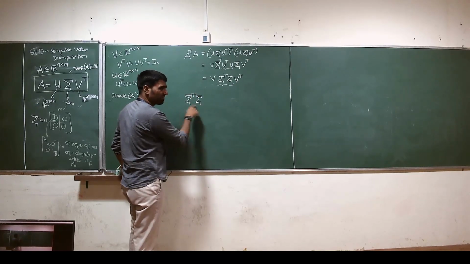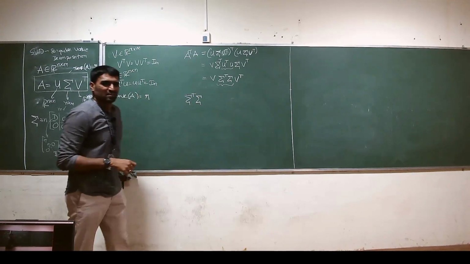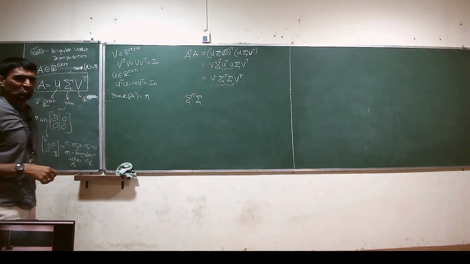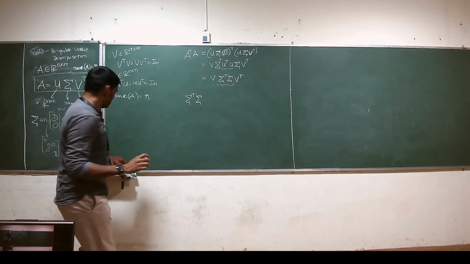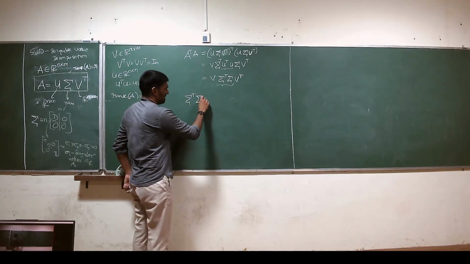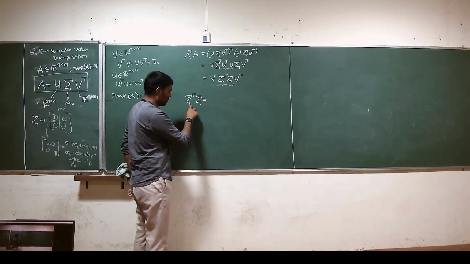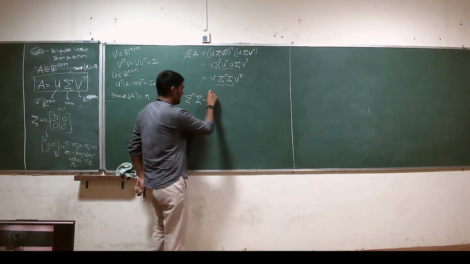What will be the shape of sigma transpose sigma? M cross M, right? You can verify later on that this will be M cross M and of this form.